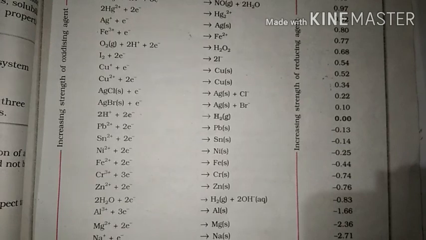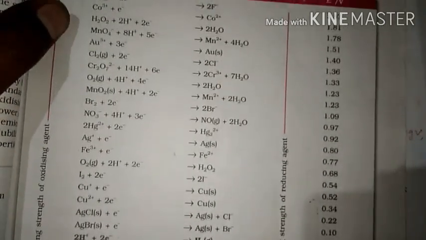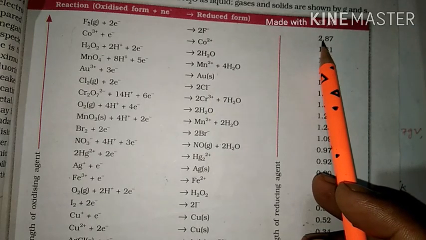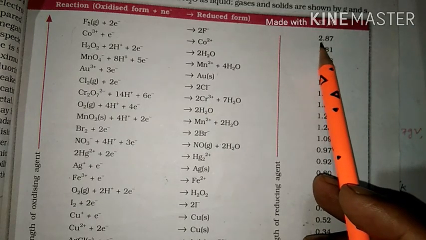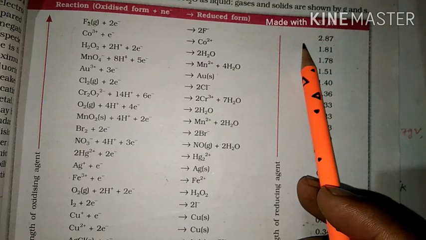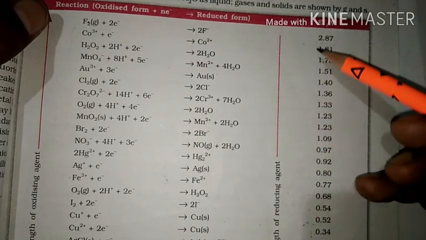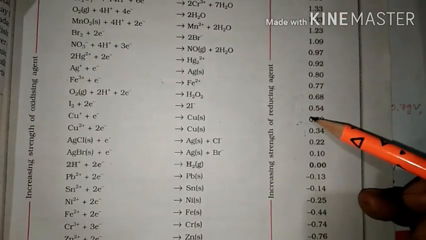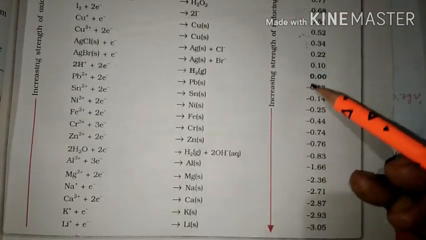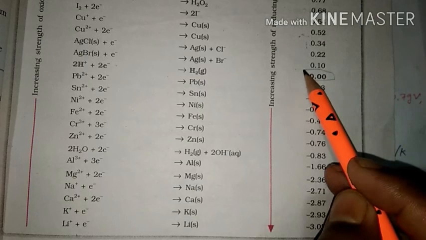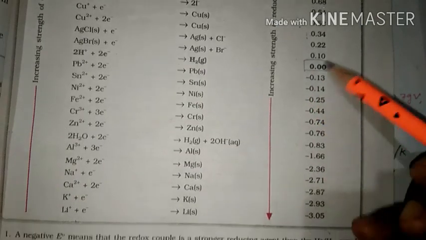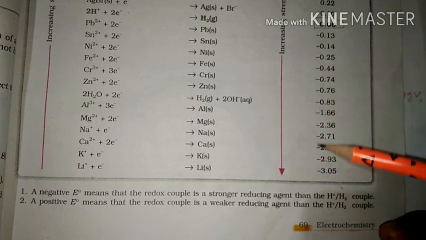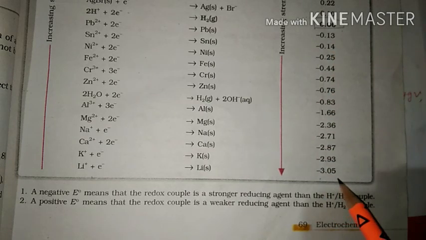If you just note the electrode potential, that means the reduction value, it is 2.87, which is positive. But here the values simply decrease. One point will come where the standard hydrogen potential is there, where the value is 0, and then the reduction potentials decrease up to 3.05.